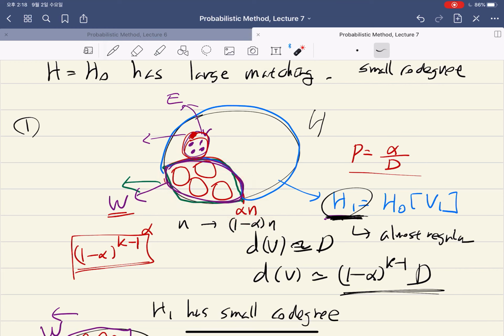And also the number of edges which are disjoint is very close to expectation, so that we actually get the correct collection with high probability. So that's what we will do in the next video.